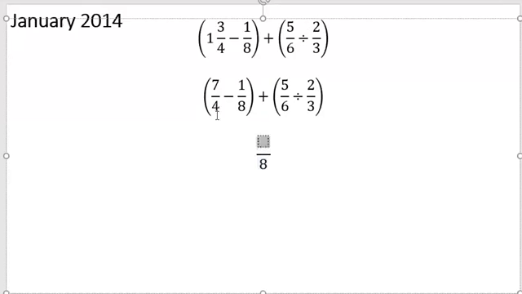So what I'll have is 4 into 8 goes 2 times. So let me put a bracket around this.